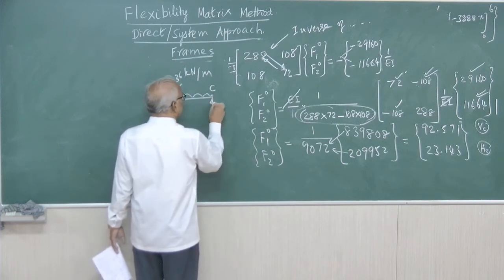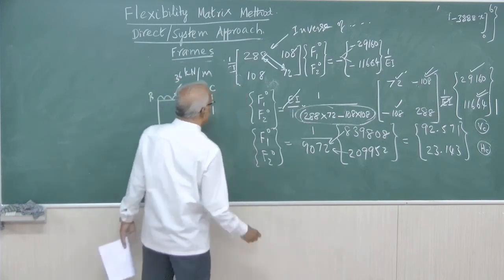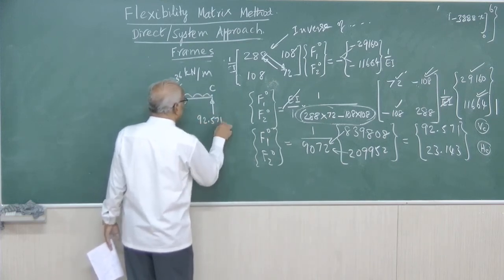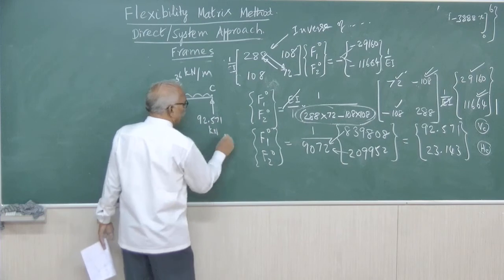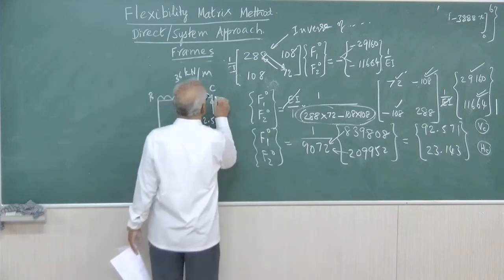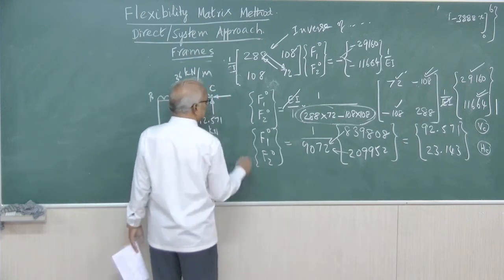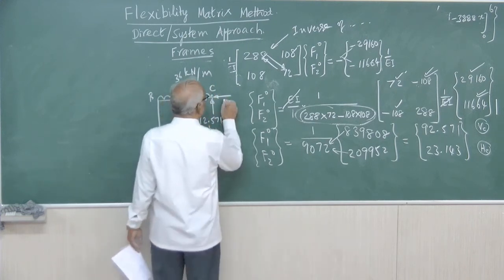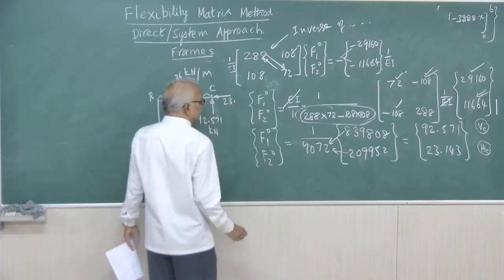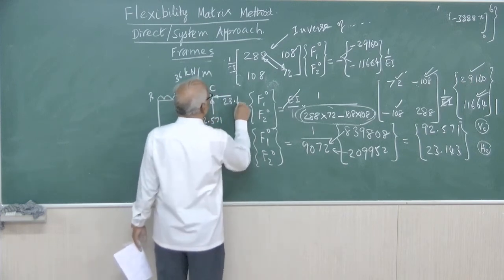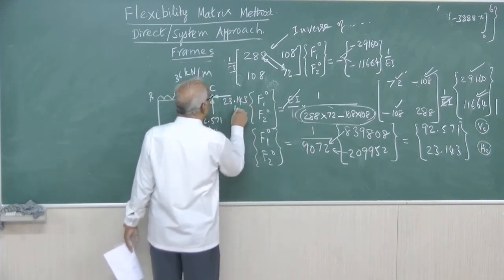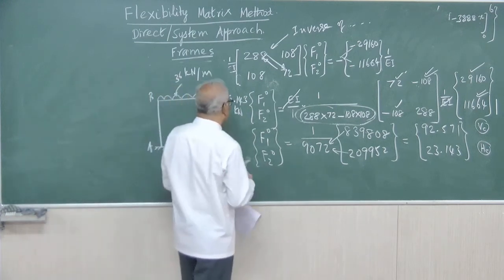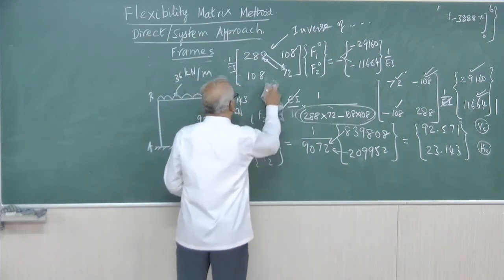Vertical reaction here is 92.571 kilonewton. The horizontal reaction is 23.143 kilonewton. We are getting the positive sign, therefore the direction that is assumed is correct, otherwise we would be getting it with the negative sign. So that's about the redundants that we have got.